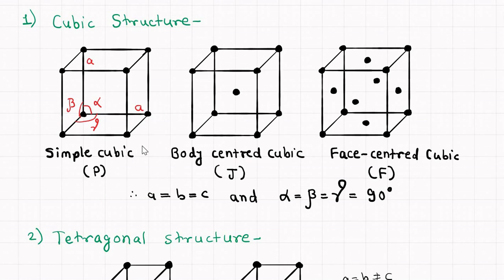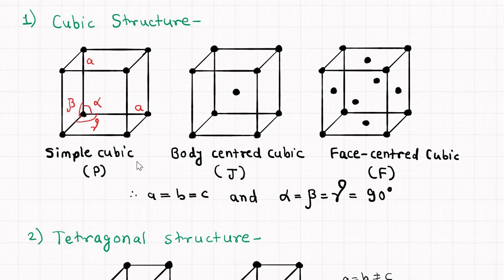In this crystal structure, all the three lengths of the unit cell are equal, means vector A is equal to vector B is equal to vector C and at right angle to each other, means alpha is equal to beta is equal to gamma is equal to 90 degree. In this, the lengths A, B and C, and the angles alpha, beta and gamma, are called lattice parameters of a unit cell.